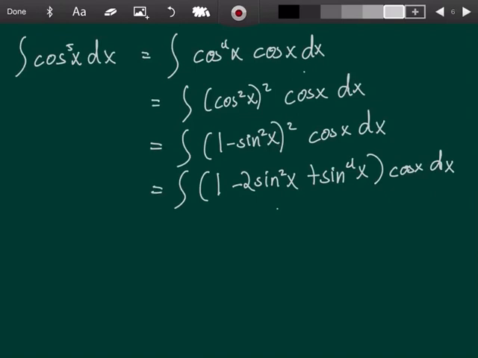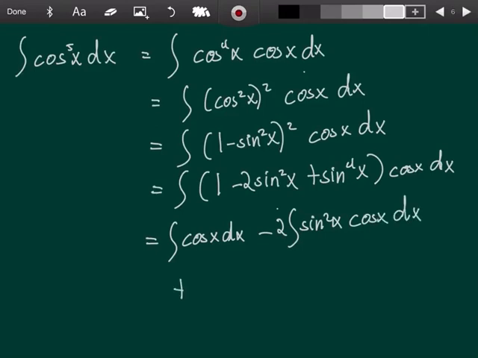So it becomes the integral of cosine x dx minus 2 times the integral of sine squared x cosine x dx plus the integral of sine raised to 4 x cosine x dx.